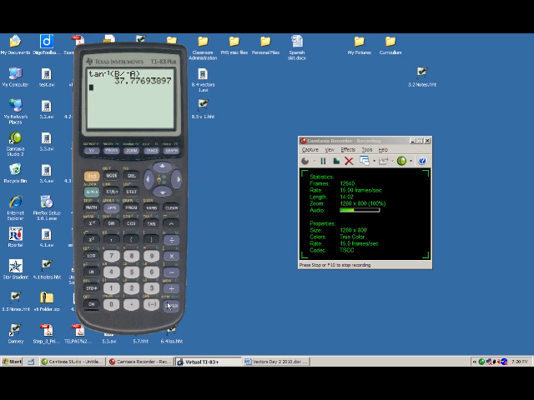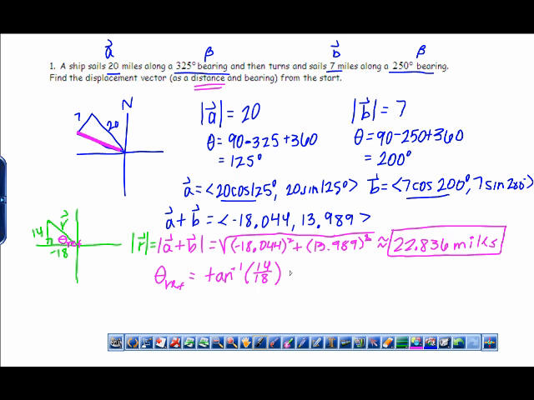This will give me an accurate answer. I knew that answer seemed weird for some reason. Okay, what I had before was an approximation, but this is the most accurate because I had these values stored in. So I have 37.777 degrees. And this is still an approximation, but it's the most accurate one that I have.